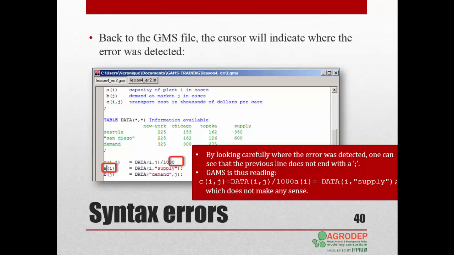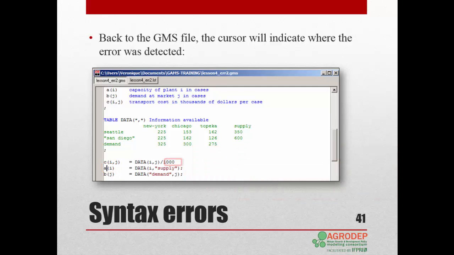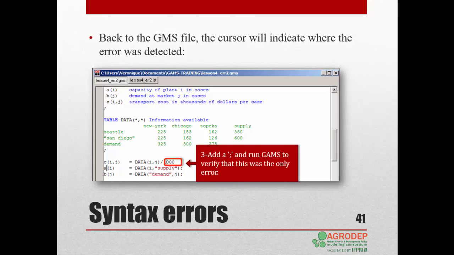So GAMS is reading the two statements as one and cannot make sense of it. Correct by adding a semicolon at the end of the assignment statement for Cij and rerun the model. The model this time runs correctly and all the other error messages disappear. Sometimes in GAMS, one error may engender several others. This is why it is important to correct the mistakes in the order that they appear in the process window.